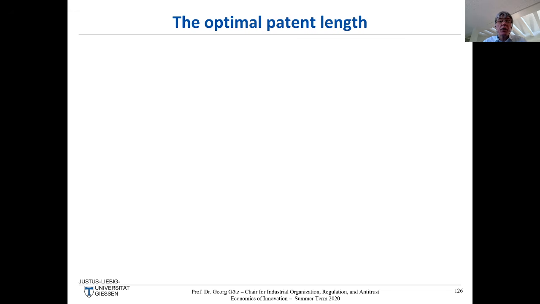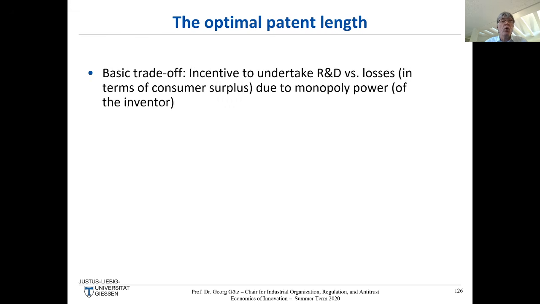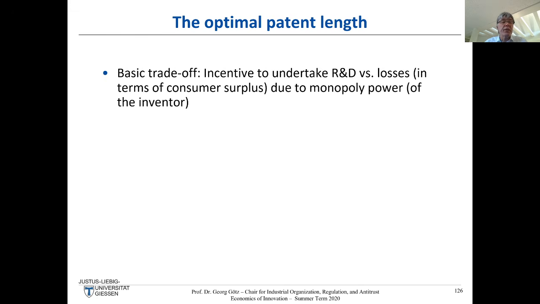And of course, if it's clear to you that you want to have a patent, the first question is, how long should it be valid? And here again, we jump back to the very beginning. So we have a basic trade-off here. If you don't have patent protection, no one will undertake R&D.